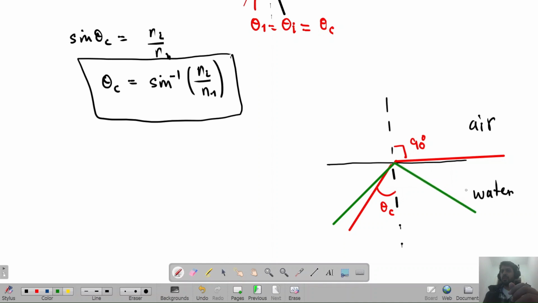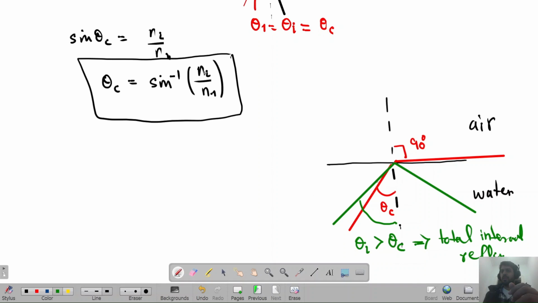This is called total internal reflection. All of the light will get reflected back in the same medium. And this only happens if the angle of incidence theta I is greater than the critical angle theta C. If this is the case, the result will be total internal reflection.